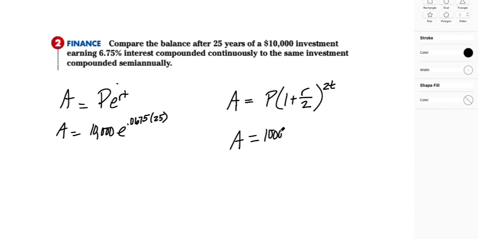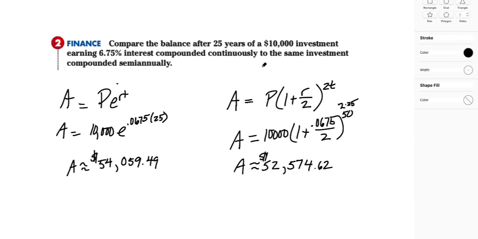Again, $10,000 times 1 plus 0.0675 over 2, and that is to the 50th power because I did 2 times 25. Y'all with me? Okay, let me go grab my calculator and I'll give us some answers.